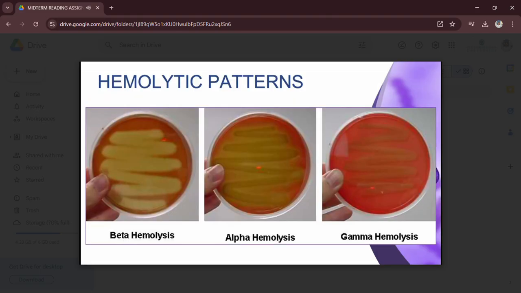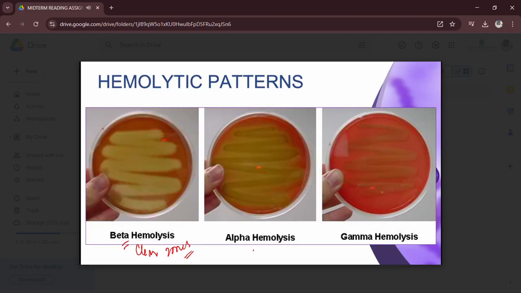Now, for us to better appreciate the hemolytic patterns, we have the following images. For beta hemolysis, always remember that there are clear zones. It is clear because the organism was able to lyse the blood present in your agar.